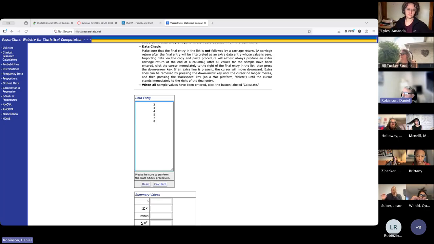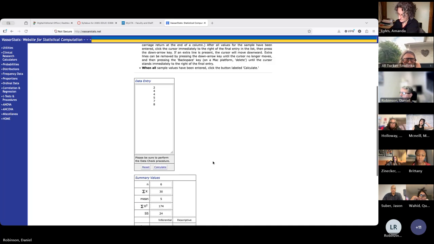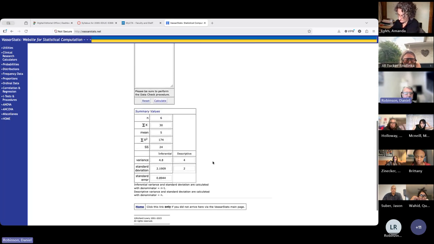So make sure you don't have an extra return at the end. Make sure that cursor is flashing right next to the last score. And if I hit calculate, that's going to give me a number of those parametric statistics that we did earlier. You can see I've got sum of X here.